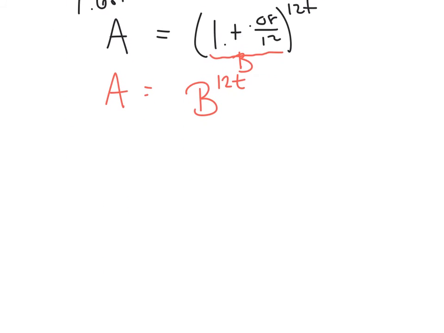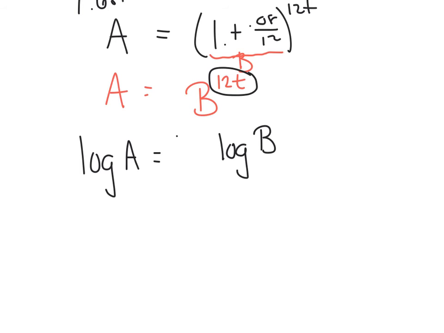Now, this is called an exponential equation because the exponent is a variable. The only way to solve this is by taking the log of both sides. So I log this side, and I get log of A. And I log this side, but remember, the third law of logs says the exponent comes down in front.